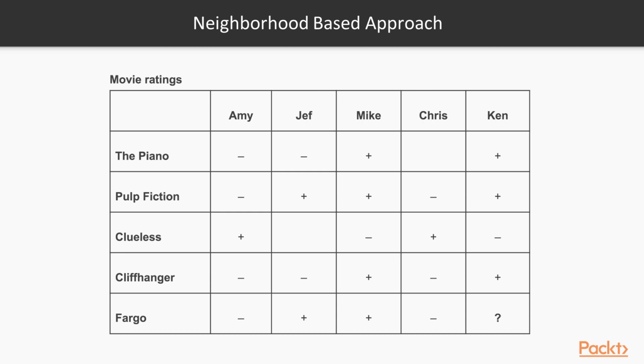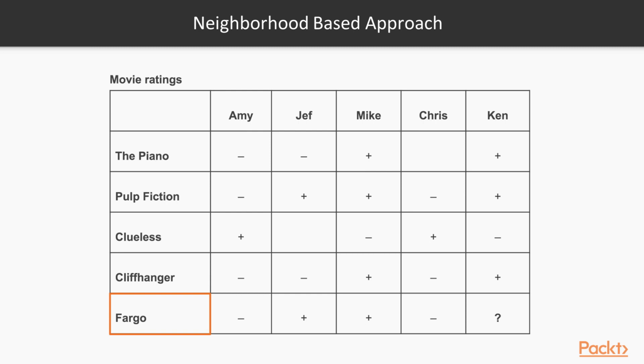To illustrate how a collaborative filtering system makes recommendations, consider the example in the movie ratings table that we see in this image. This shows the rating of 5 movies by 5 people. A plus sign indicates that the person liked the movie, and a minus sign indicates that the person did not like the movie.